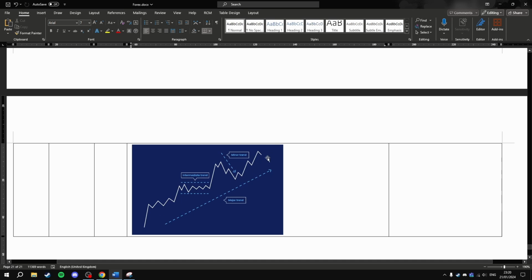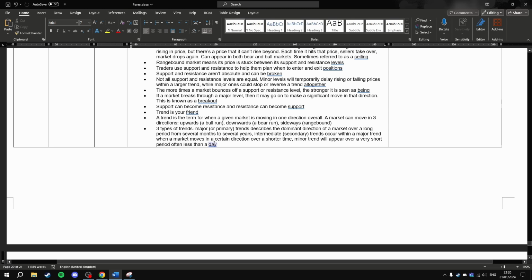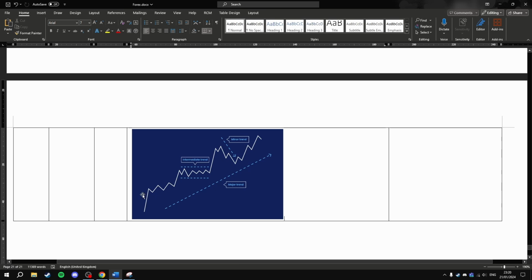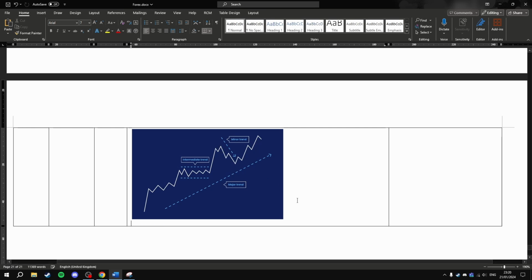That's the dominant trend. Intermediate, was it like over a short period? They said it moves in a certain direction over a shorter period. So that's intermediate as well. That's intermediate, and then a minor would be very short. So a minor could be like that, basically. Okay.